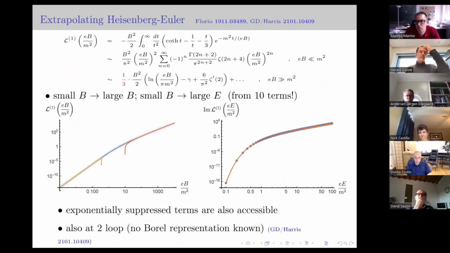So let me just show you a couple of examples. So here's that one loop expression of Heisenberg and Euler, just for the case of a magnetic field. So we see the Borel transform function here as a nice meromorphic function, just with isolated poles along the imaginary axis. Here's the weak field expansion, simple to generate. There are factorially growing coefficients.